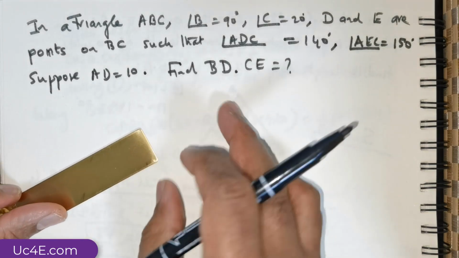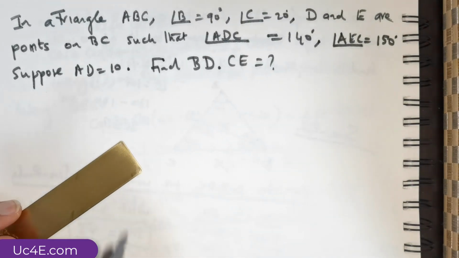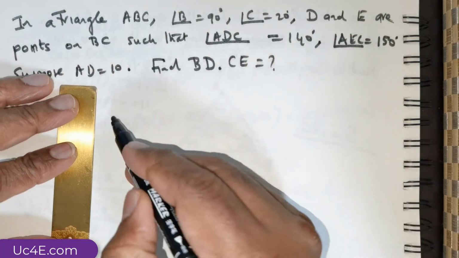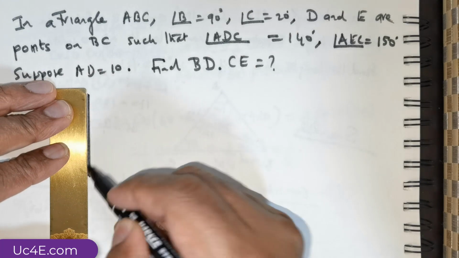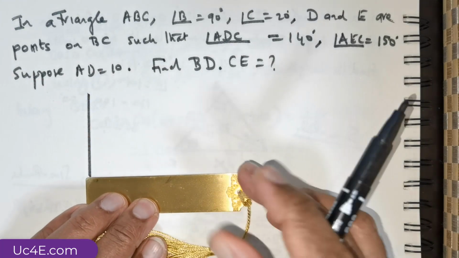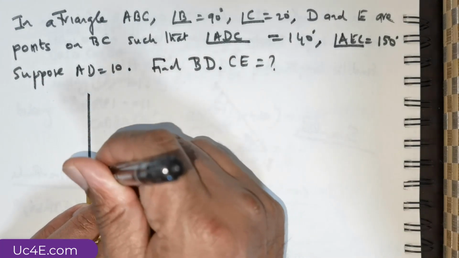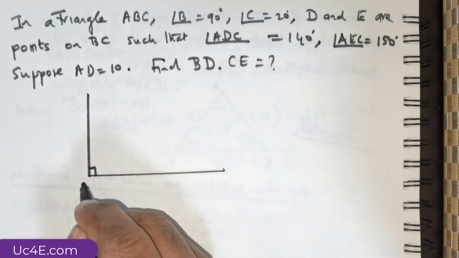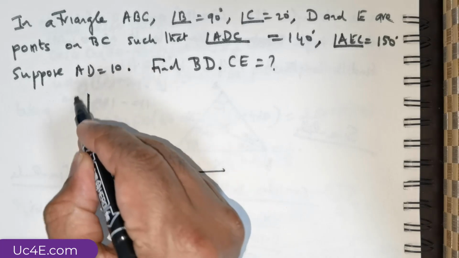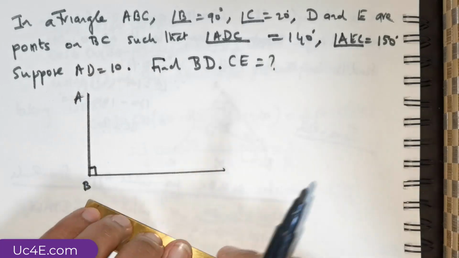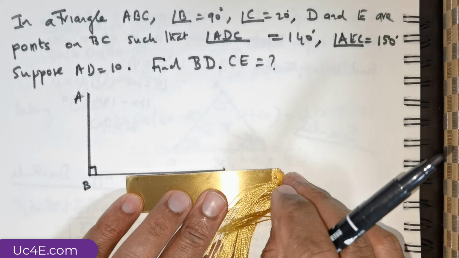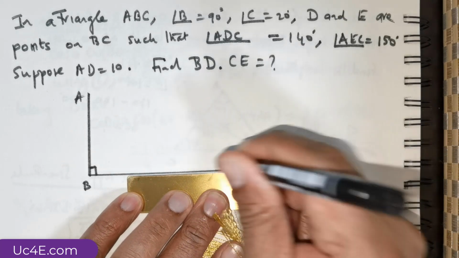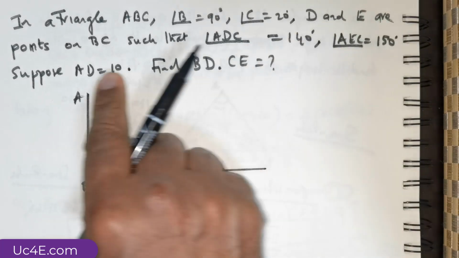So let's draw the figure. So I'm going to have a triangle. Now I've been given a 90 degrees, so it's a right triangle. So let me draw that. So angle B is 90, so I'm going to take this point as B and this point will be A, and we have got 2 points on BC.